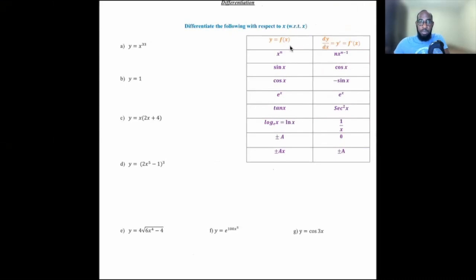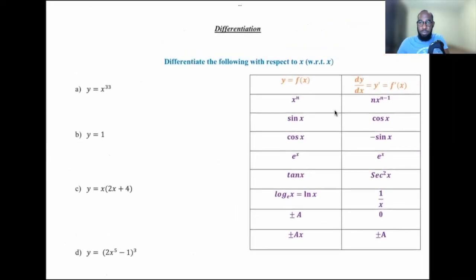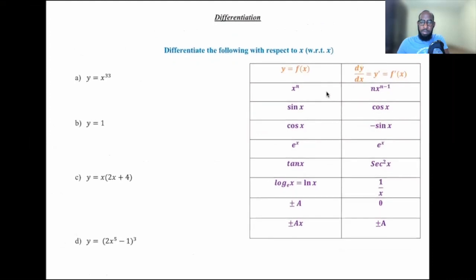Same thing. So let's get down to business. We are going to use these rules, and we are going to differentiate these questions across here. So part one, we have y is equal to x to the power 33.